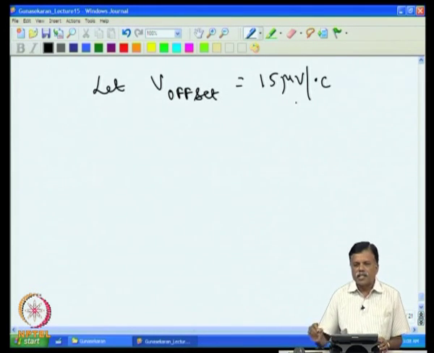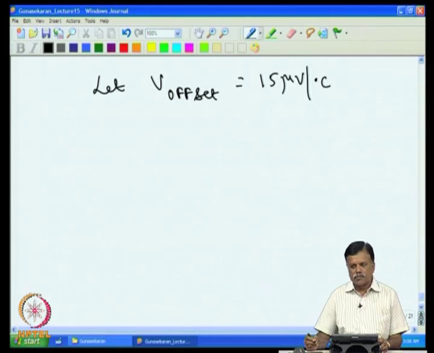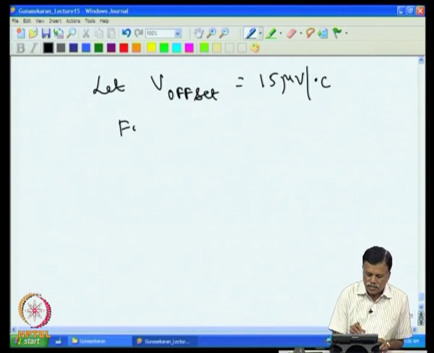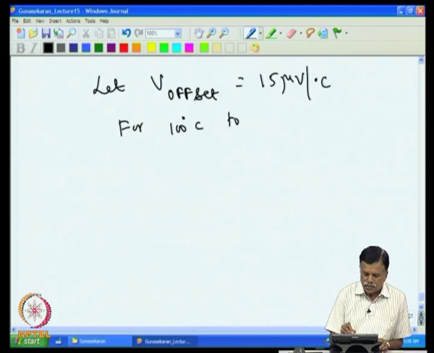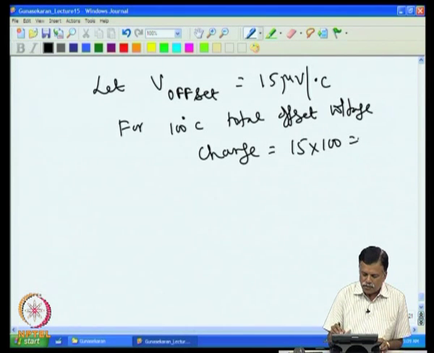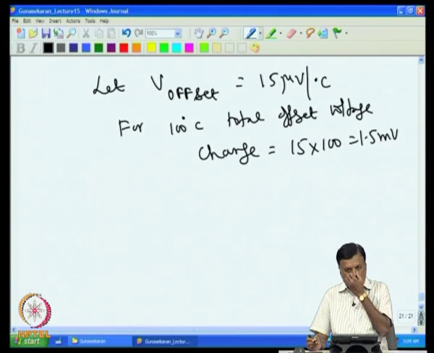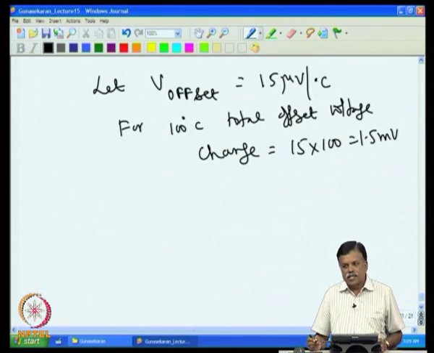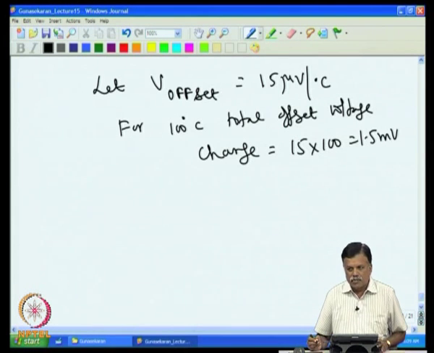That is the figure that we get for most of the general purpose op amps. So for 100 degree C, the total offset voltage change will be 15 into 100 microvolt, 1.5 millivolt. So you expect to have 1.5 millivolt change at the input of the op amp.